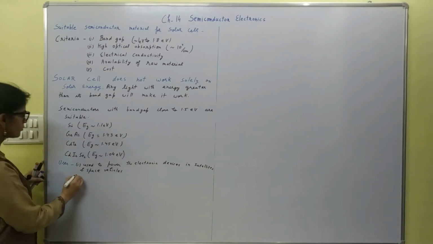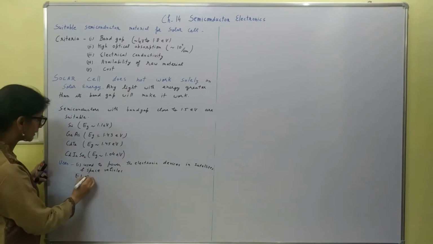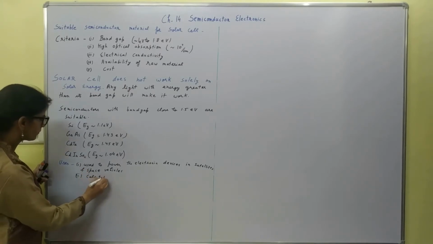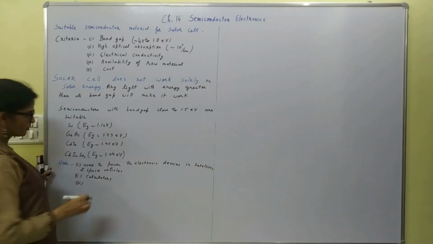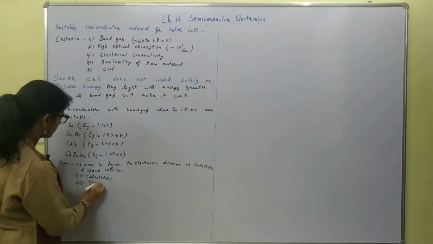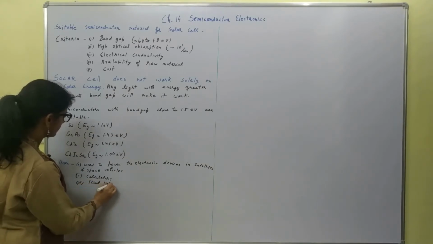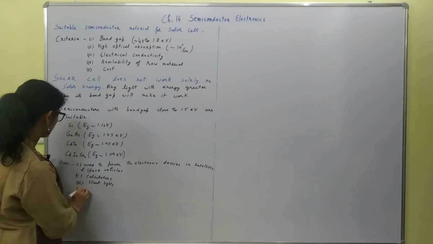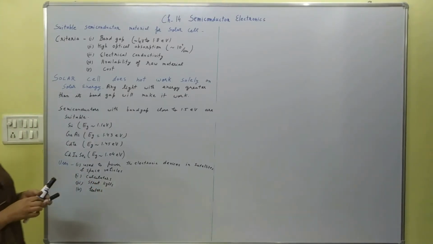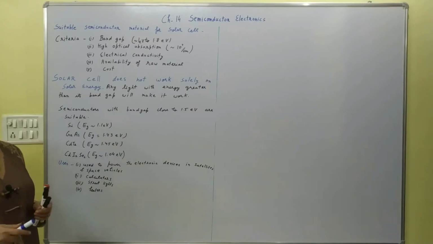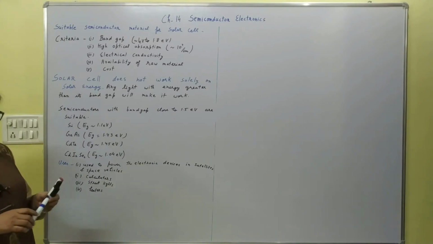Second, these are used in calculators. We know that solar calculators are there. We also know that we have solar heaters, solar street lights, etc. So the research is going on to develop low cost photovoltaic cells, or you can say the solar cells.